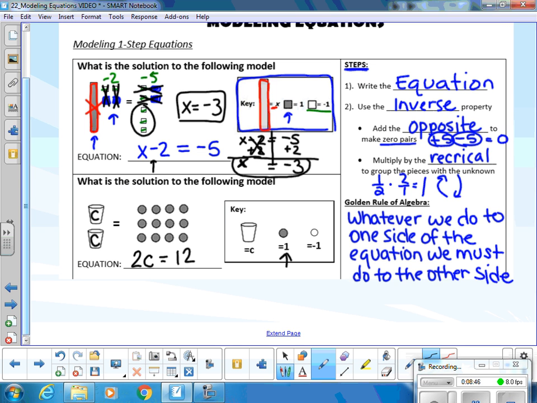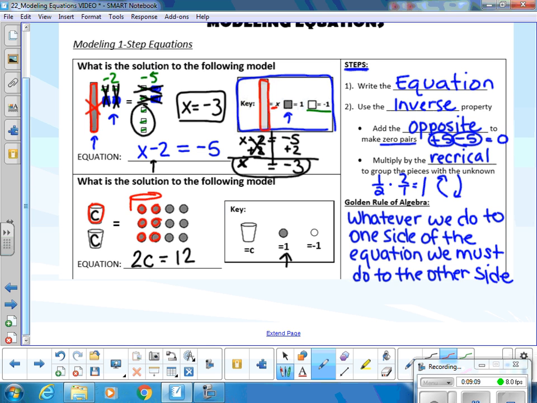And to find out how many of these chips are in each cup, I need to split them up. So I'm going to say that this is my red cup. If that's a red cup, that's a red cup, that's a red cup, that's a red cup, that's a red cup, that's a red cup. There's 6.